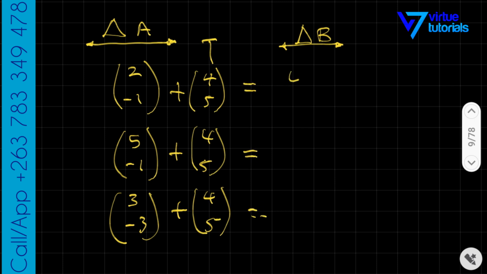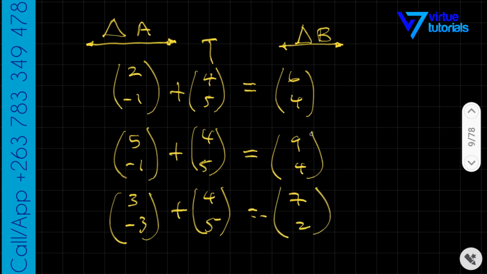2 plus 4, that's 6, minus 1 plus 5, that's 4. 5 plus 4, that's 9, minus 1 plus 5, that's 4. 3 plus 4, that's 7, minus 3 plus 5, that's 2. So these are the vertices of your image.